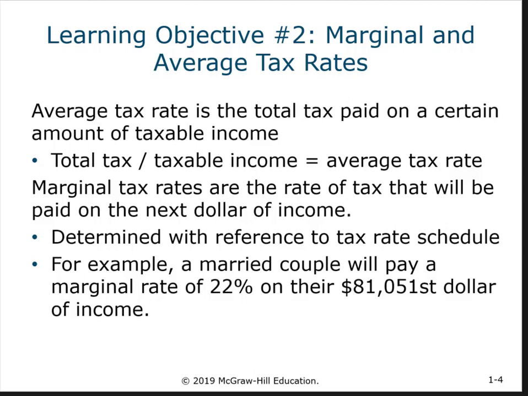If you make one more dollar of income, you'll pay 12% of that in taxes. That's what your marginal rate is. It's what you will pay on another dollar. So it will always be a round number. It will not be a decimal or an average, because it is simply where you fall on the tax brackets. Okay?